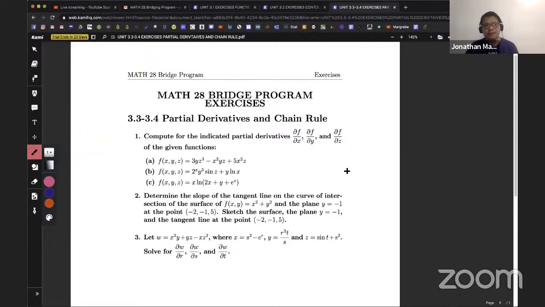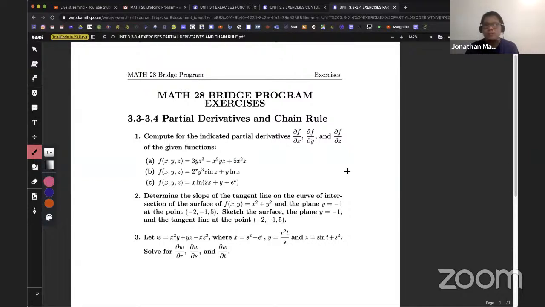For letter A, that is just a polynomial function. Letter B is combination of trigonometric and logarithmic function. Letter C is combination of logarithmic and exponential function.